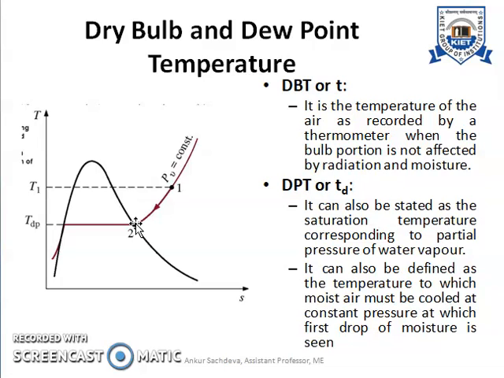So the temperature at point number 2 is nothing but the dew point temperature, where the first drop of moisture is seen. And the pressure corresponding to point number 2 is called the partial pressure of water vapor. I hope this dew point temperature and dry bulb temperature is clear to all of you.